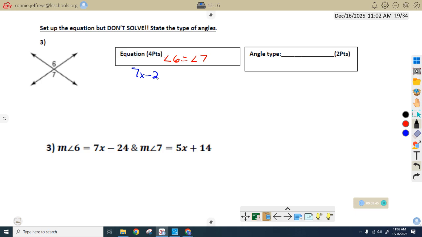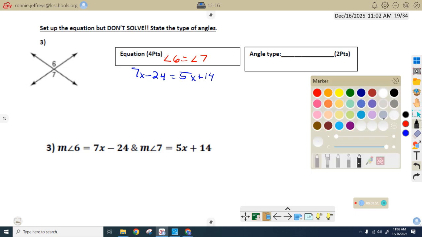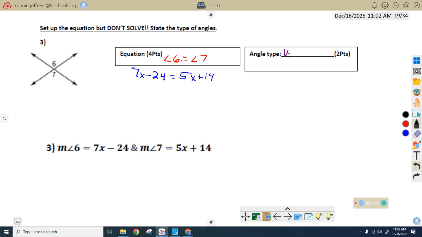You're going to have two equations and you're probably going to set them equal to each other. Because you should know that these are vertical angles, not adjacent, not side by side, not double obtuse, vertical angles. All right, and it might be really important to know about vertical angles for the exam. I don't know, just a thought.